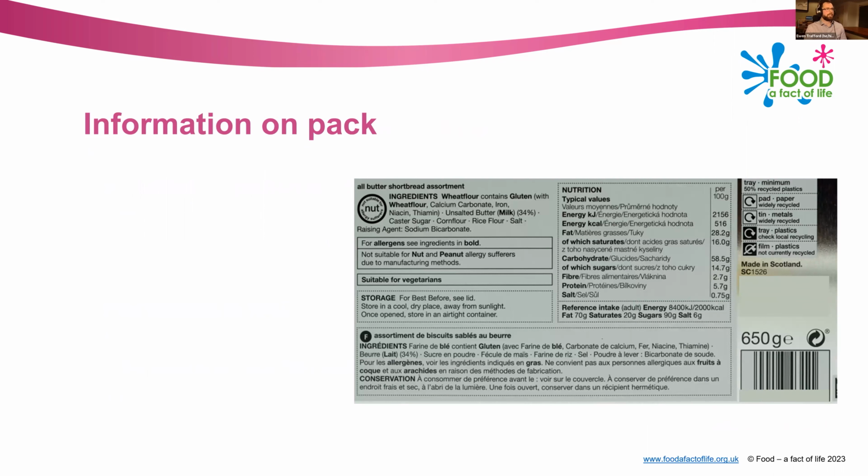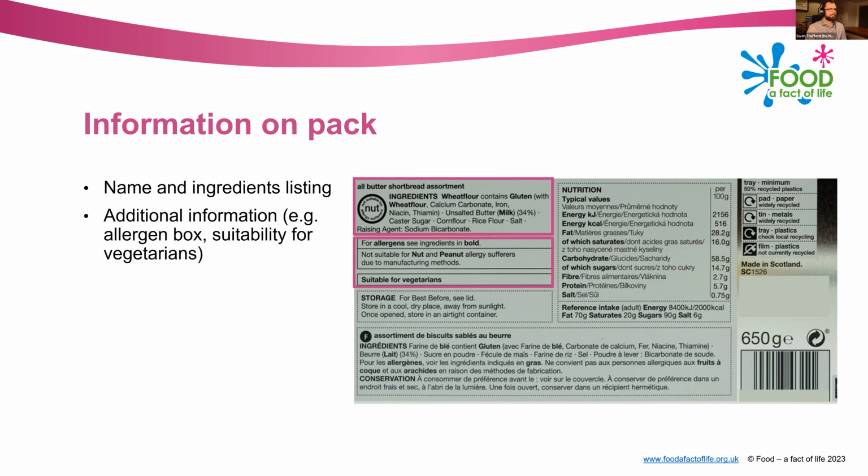So what information do we have on pack? So this is an example of a back of pack for a product. So this is the back of a shortbread assortment box. So first thing you can see is the name and ingredients listing. So legally, the name of the product is required and the ingredients are also required. You'll see that the allergens are in bold as well there. It's a legal requirement that allergens are marked distinctly in some way.